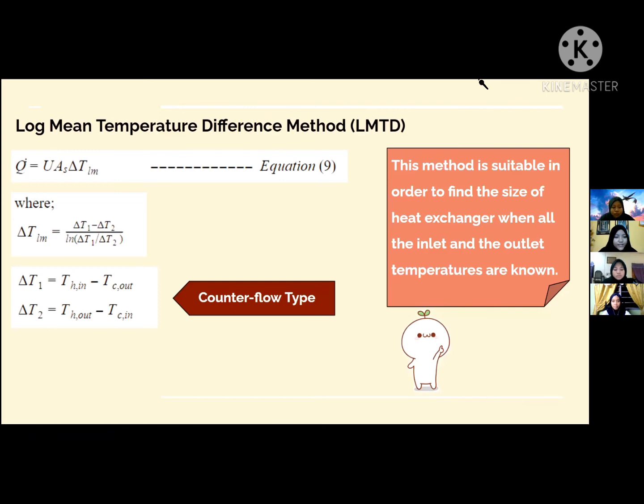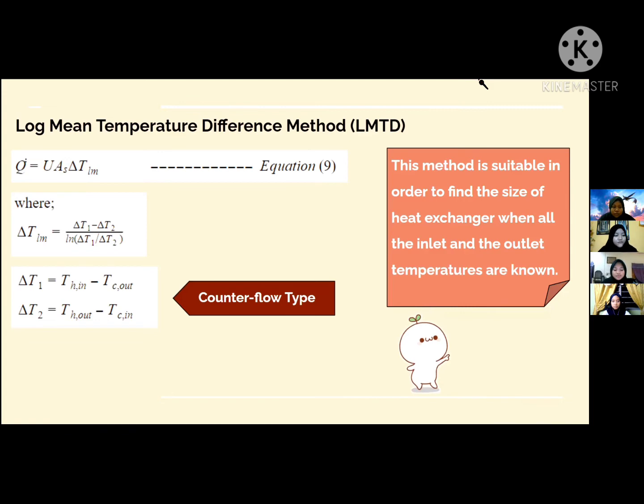As you can see in equation 9, Q dot equals U, the overall heat transfer coefficient, times surface area times delta T lm, where delta T lm equals delta T1 minus delta T2 divided by ln delta T1 over delta T2.